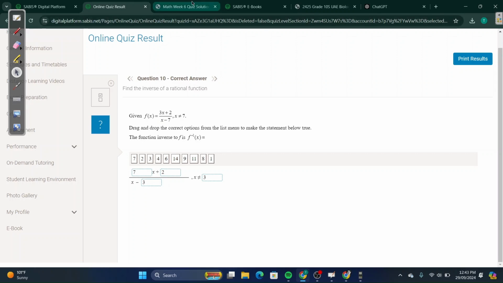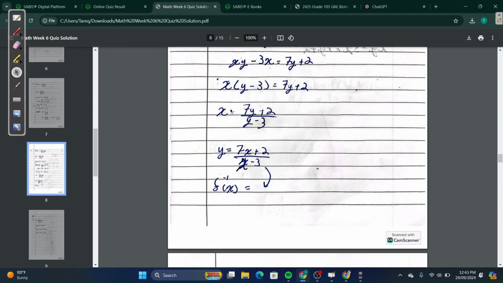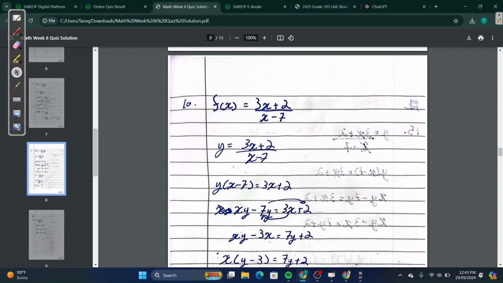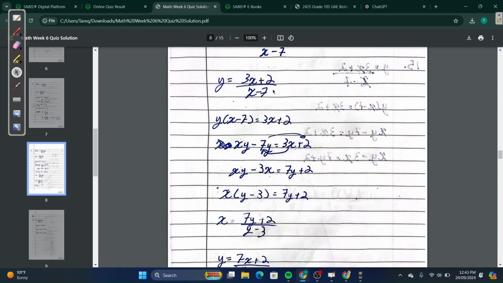Okay, question 10. It's all of this. Again, put f of x in as y. So y equals 3x plus 2 over x minus 7. Multiply by x minus 7 on both sides. The x minus 7 cancels on one side, and then you're gonna have this expand.